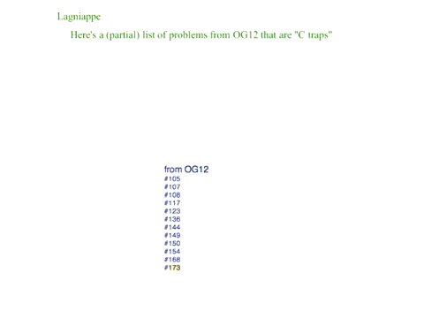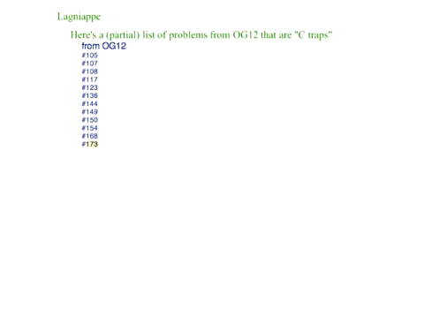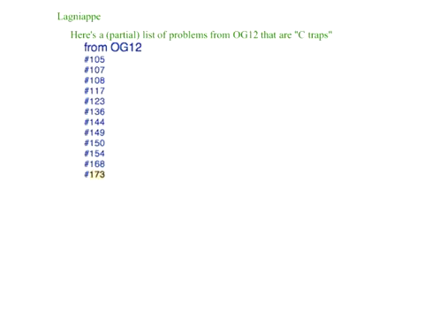Here's a list of problems from 12th edition OG that are C-traps. It's a partial list. It's not all of the C-traps in the entire thing, but it's a list. What I want you to notice about this list is that there are a lot of problems in it.